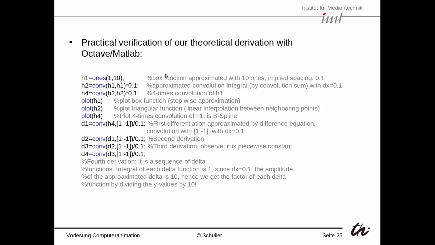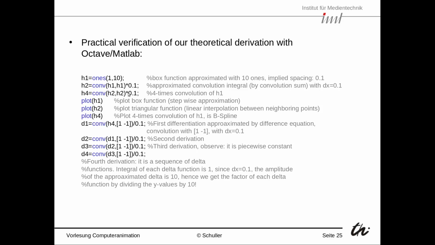Right, so the dx, or delta x here, is 0.1, so that's our spacing here. So that's why for H2 we convolve it with itself, and then we have this dx here times 0.1 for the integral, right? So here this convolution times this dx is approximating our integral.